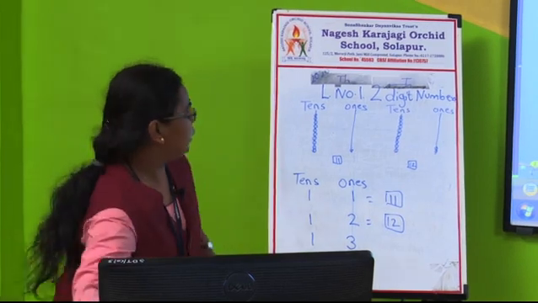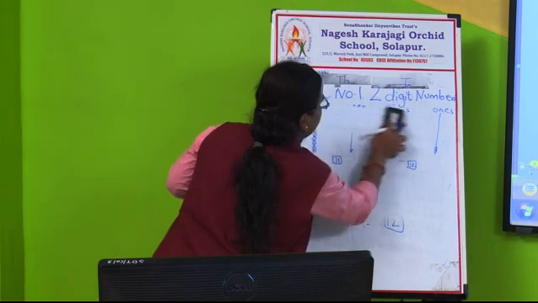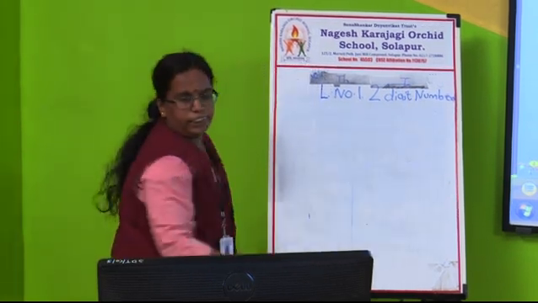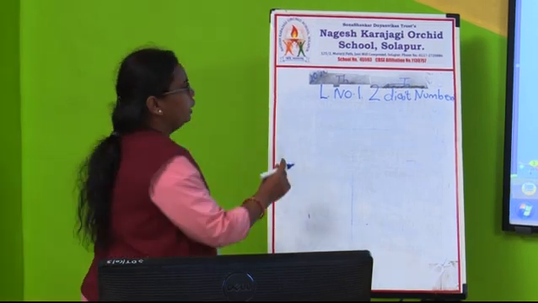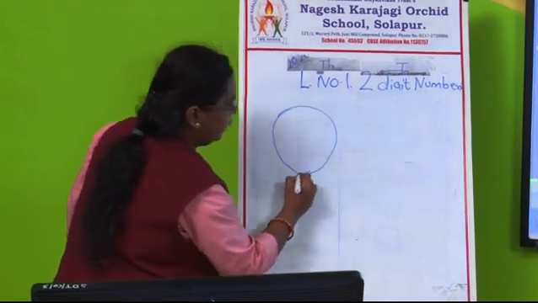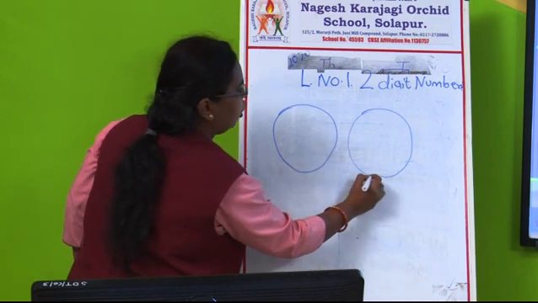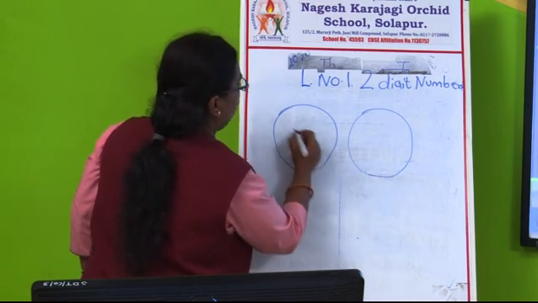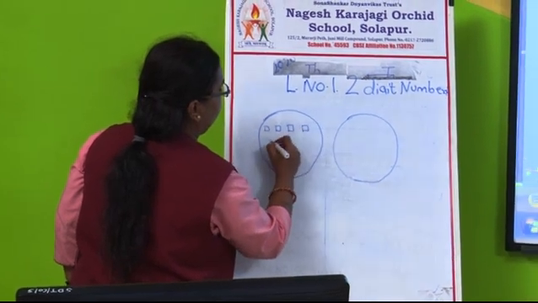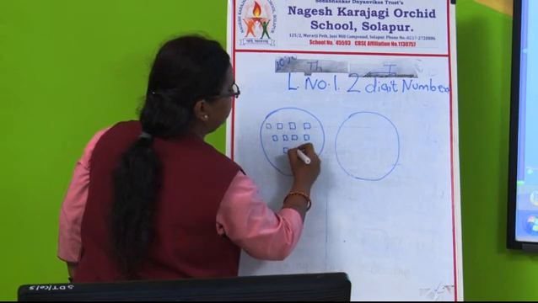So further, in a simple method, I will tell you that you can draw a circle. In this circle, you can draw 10 boxes. Okay? 1, 2, 3, 4, 5, 6, 7, 8, 9, 10.